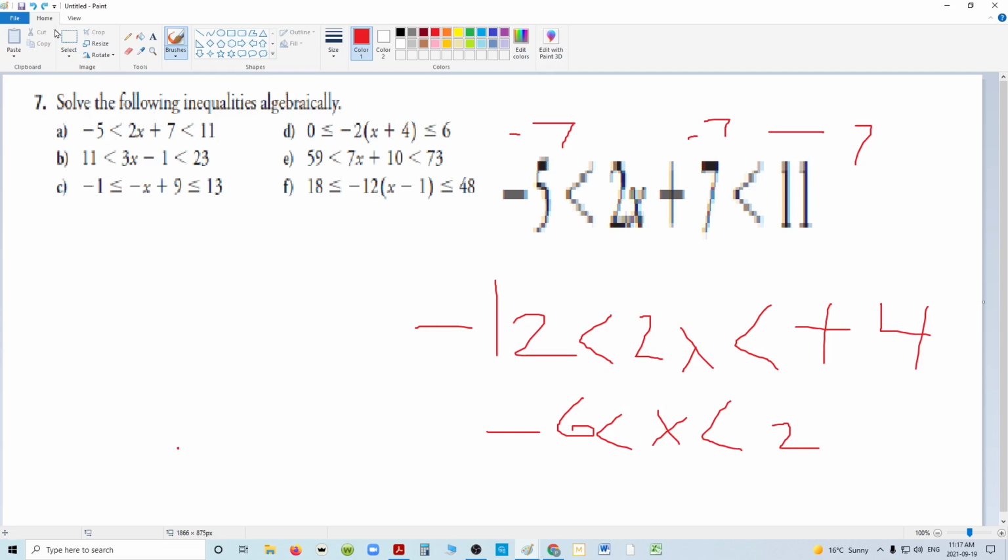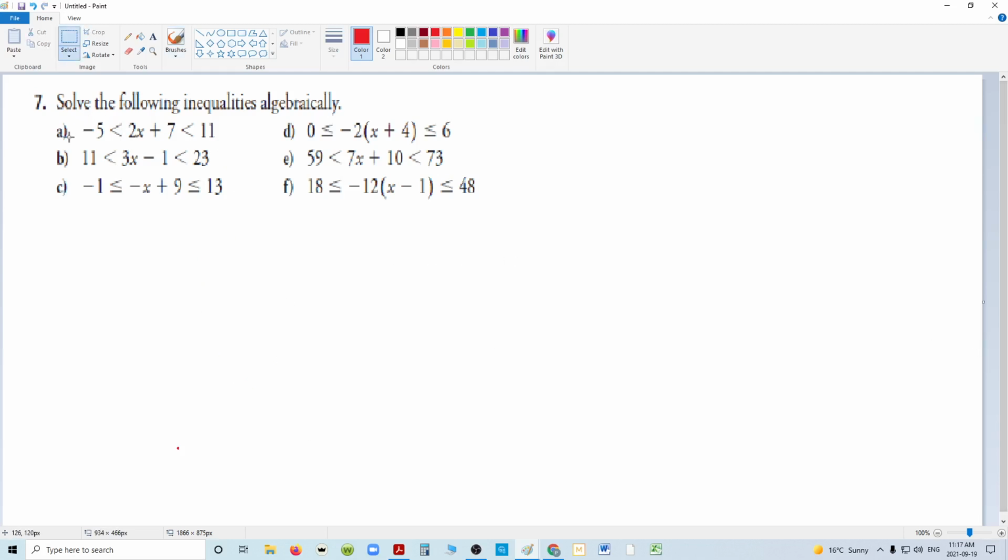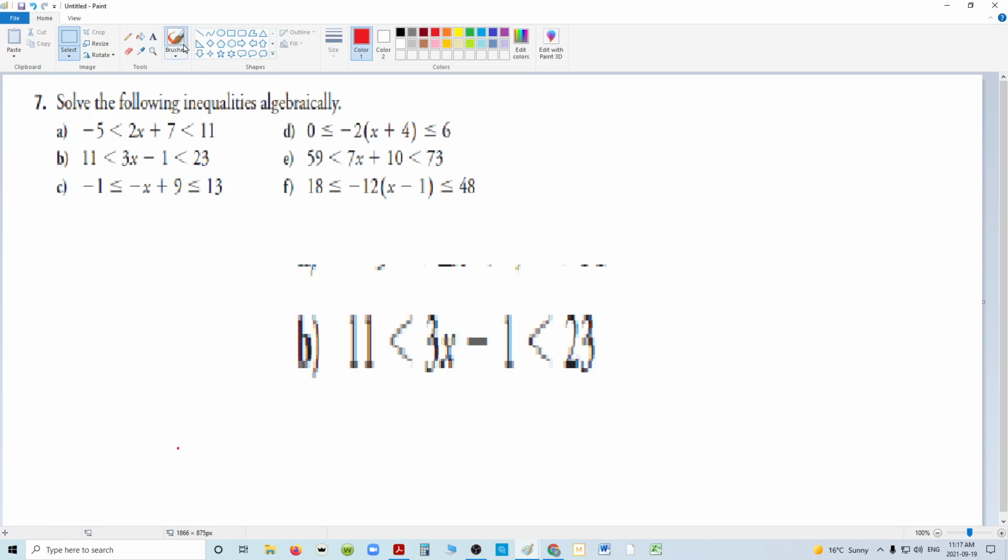You could put it on a number line if you wanted to. You can test it out to see if it's true. I'm not going to do that, but you should. And you do them all like that. Whatever you do to one set of numbers, you must do to all of them. And you're focusing on what needs to be done in the middle. I need to add 1 to all sides to get rid of that 1. I get 12 is smaller than 3x is smaller than 24.